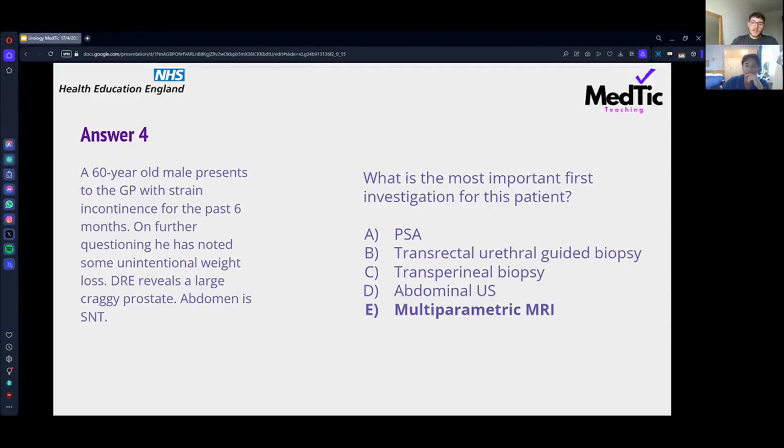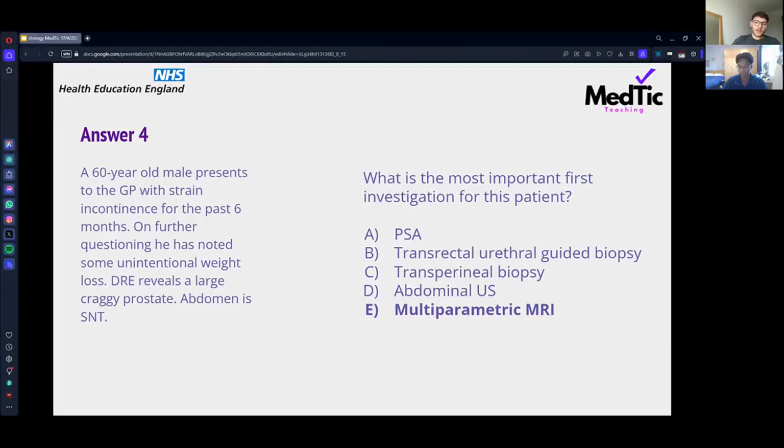Abdominal ultrasound is a useful investigation, but not in this case. For visualizing the prostate, MRI is much more useful, and in terms of your differential diagnosis, because prostate cancer is so much higher up there than any other abdominal pathology, you wouldn't opt for the ultrasound as one of the first investigations.